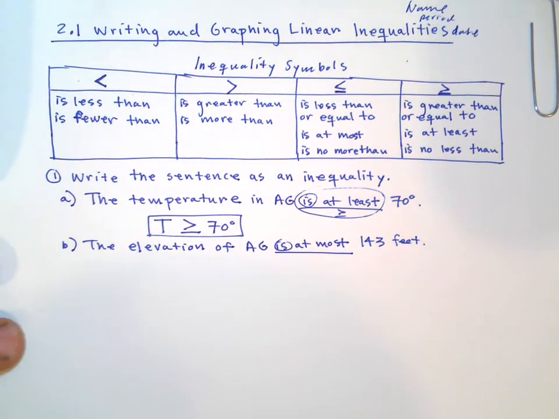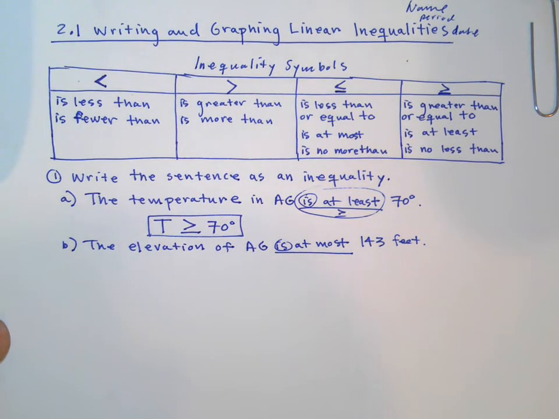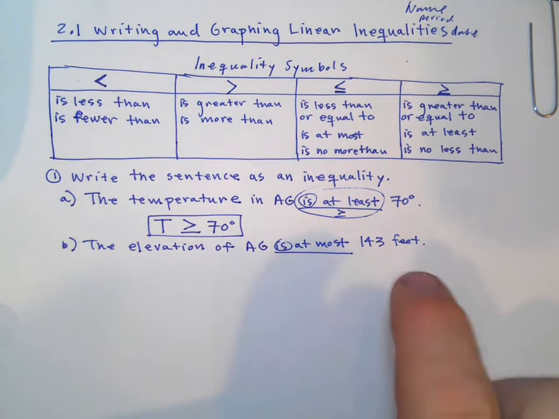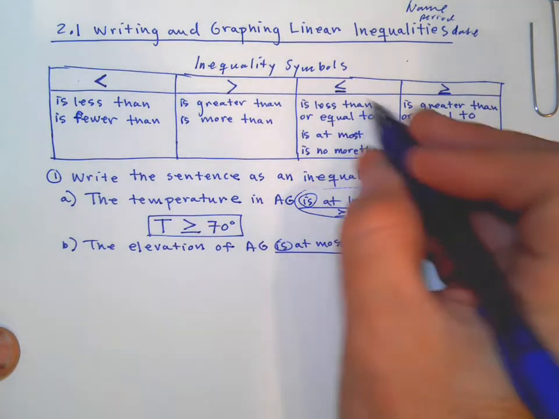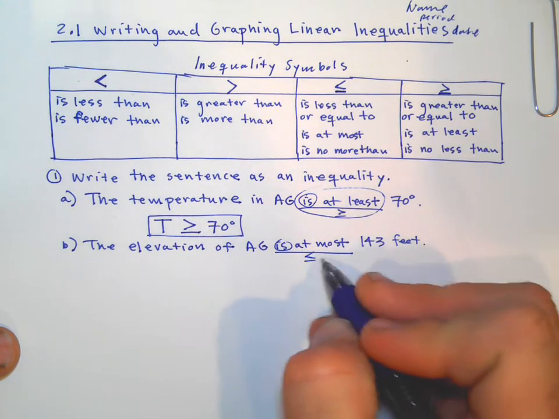A lot of times people get kind of tricked. If it says less than or more than, then it's a little easier. Is at most. Well, if it's at most 143 feet above sea level, does it mean it could be 144, 145? No, this is the most. So 142, 141, but could it be 143? Yes.